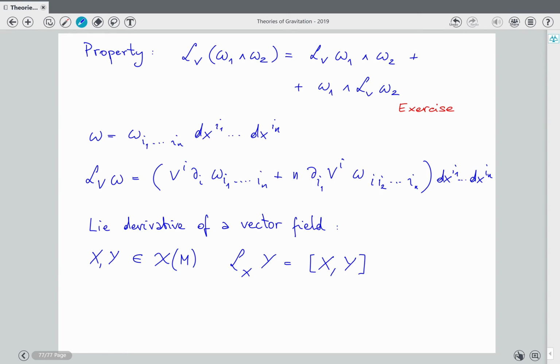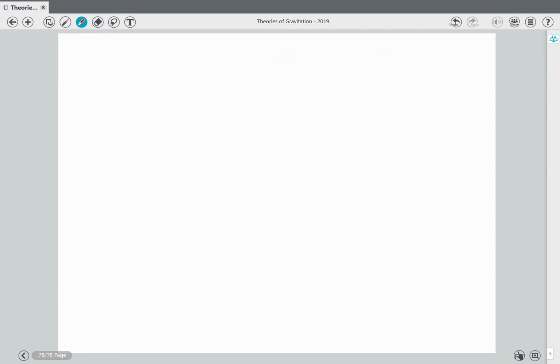And this is the flow of a vector field. Flow of a vector field, what is it?